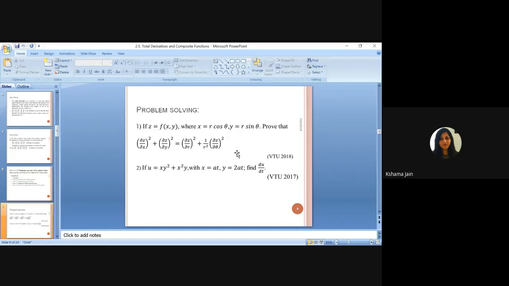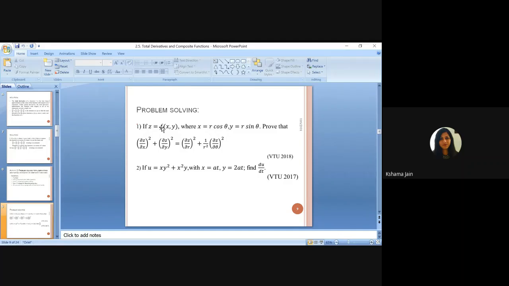You just need to write down the derivative you can get. Like here in the example, this is the live example. If z equals a function of x and y, z is depending on x and y, where x equals r cos theta, y equals r sin theta. See here, z is not directly depending on r and theta.